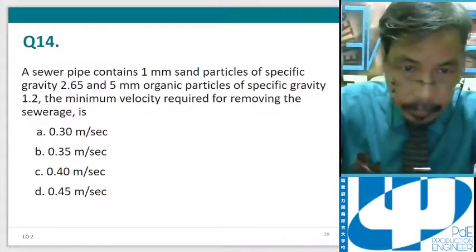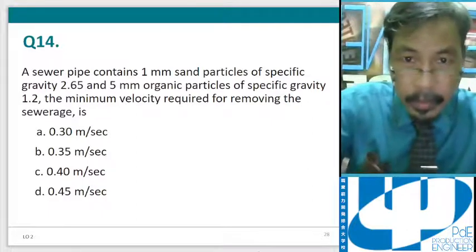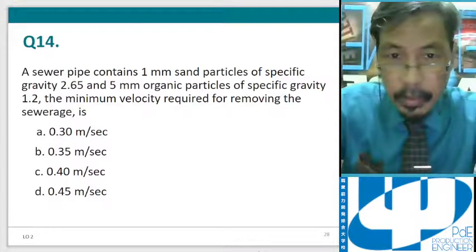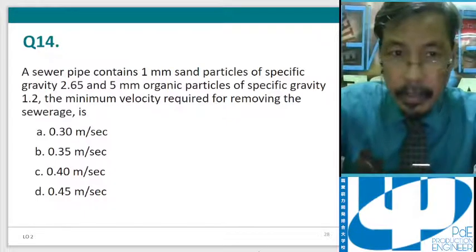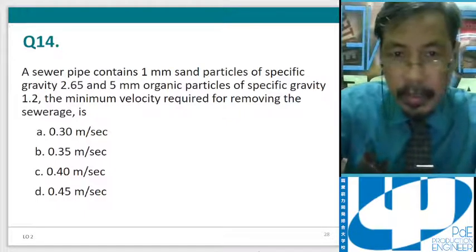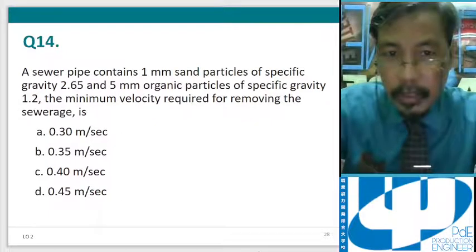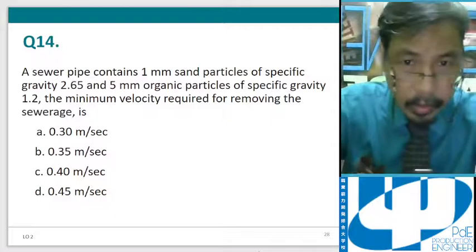Question 14. So let us get ready with the calculator. A sewer pipe contains 1 mm sand particles of specific gravity 2.65 and 5 mm organic particles of specific gravity 1.2. The minimum velocity required for removing the sewage. You can search for the formula in the video or on the internet. So I will just estimate it.